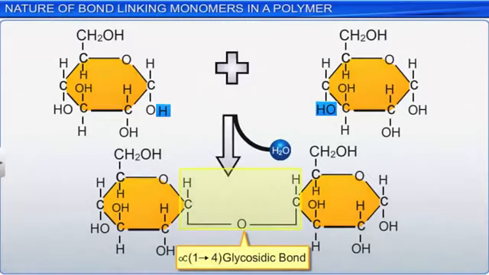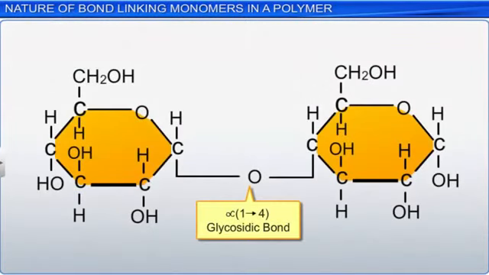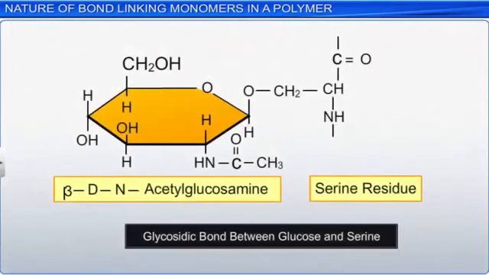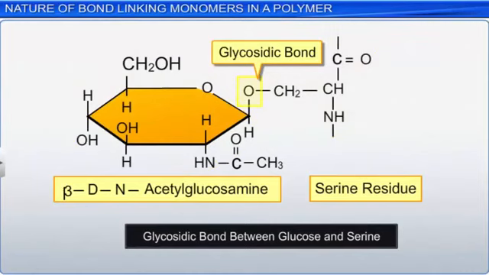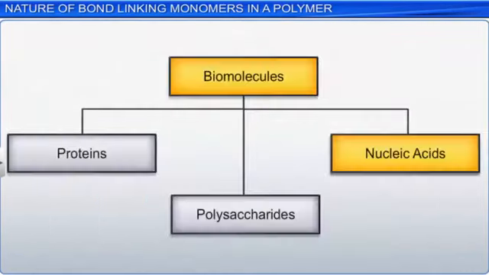The glycosidic bond is a functional group that can exist between two carbohydrate molecules or between a carbohydrate and a non-carbohydrate molecule, as between glucose and serine. The bonding in nucleic acids is different.